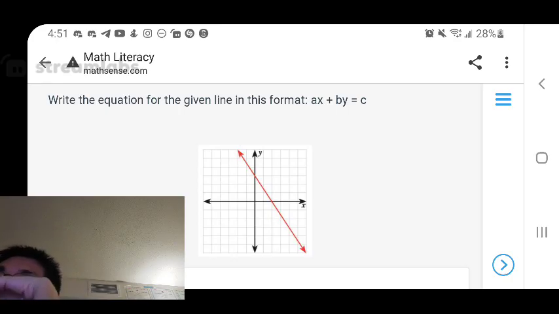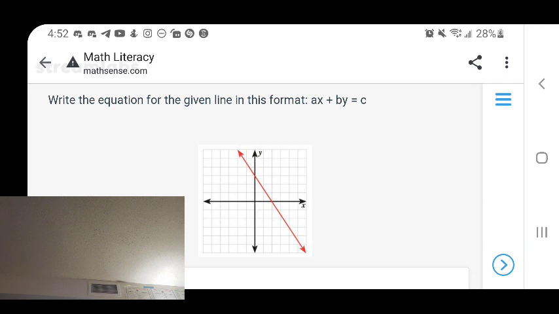Let's see, x is 4, 4a plus 3b is c. Wait, 4a minus 3b is c. If I use that point, 4 times 3 halves, that's 6, minus 3b, 6 minus 3 is 3.